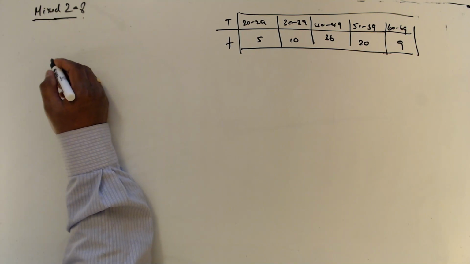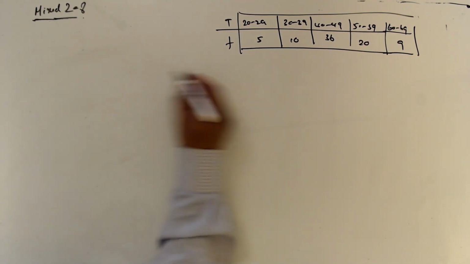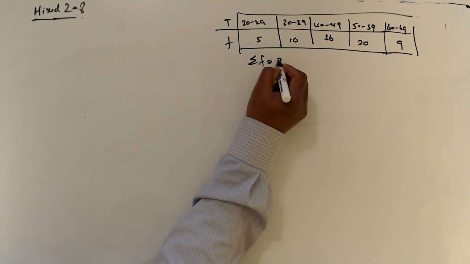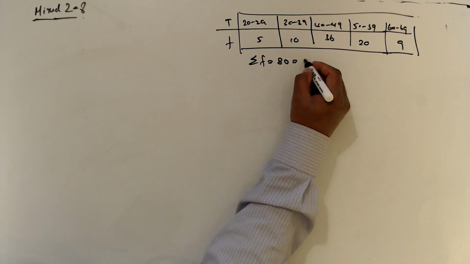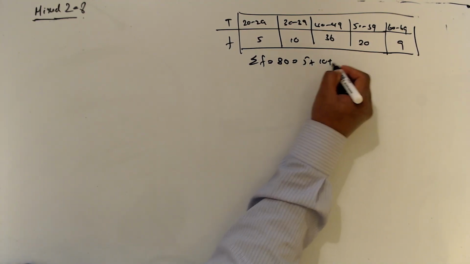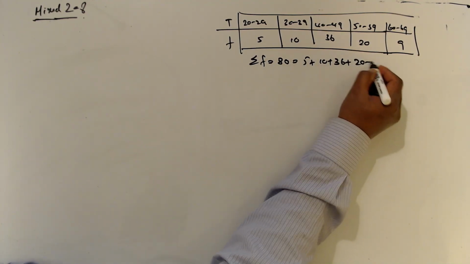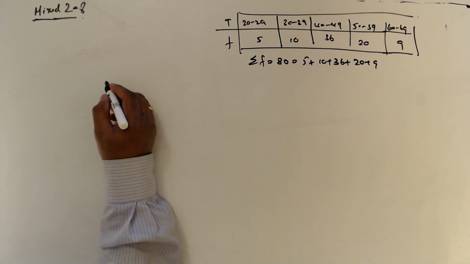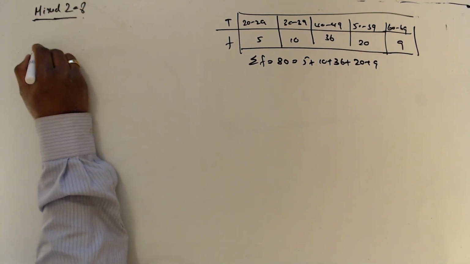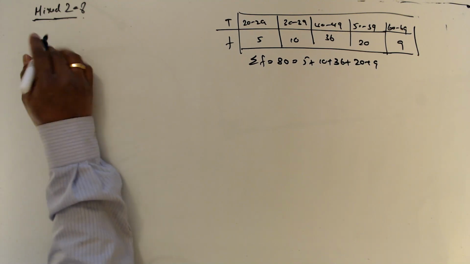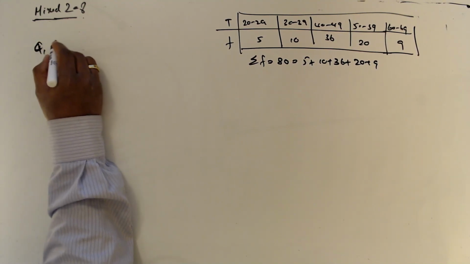We want to find the interquartile range. So summation f is 80 when you add 5 plus 10 plus 36 plus 20 plus 9. And for Q1 we need to find the interquartile range.